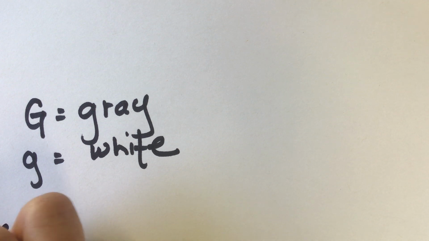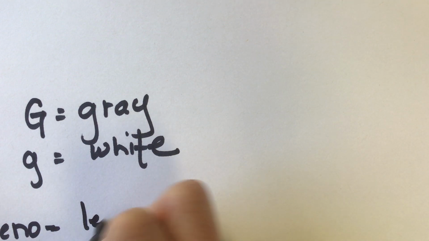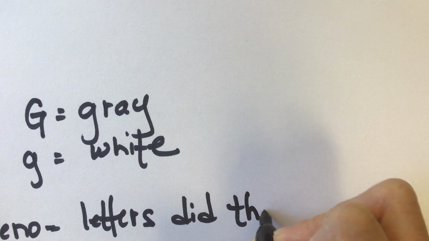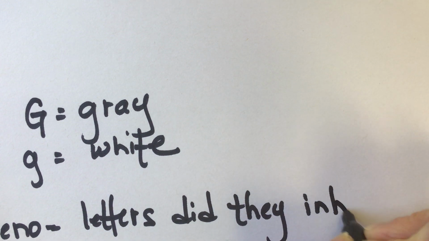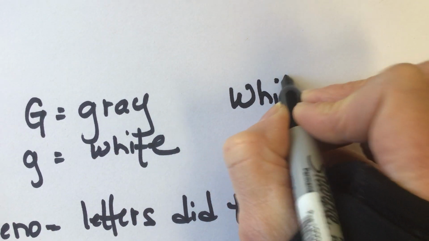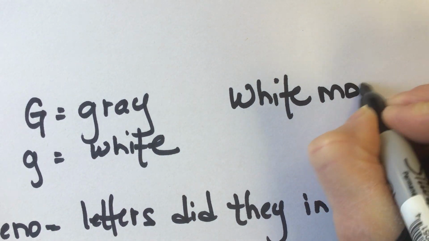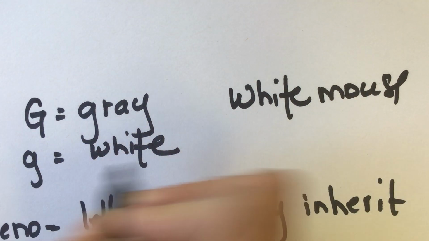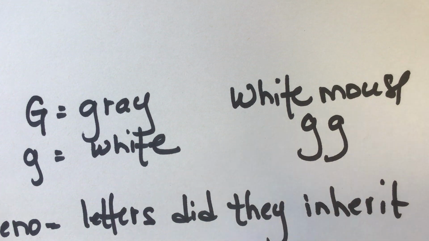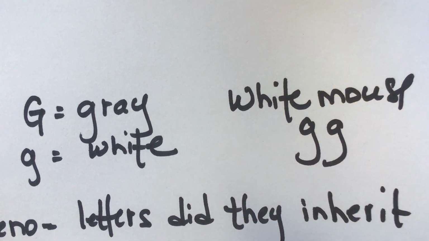So again, genotype means that you're going to tell me what letters did they inherit. And if they're white, I need a white mouse. The only way to show white is to have small g. So this would be small g, small g. That's a white mouse. So that was the answer to question 2.